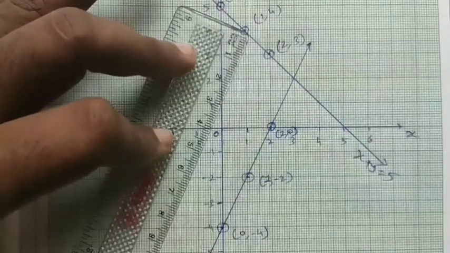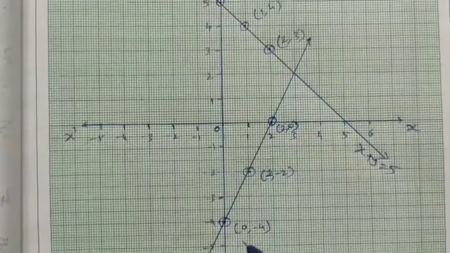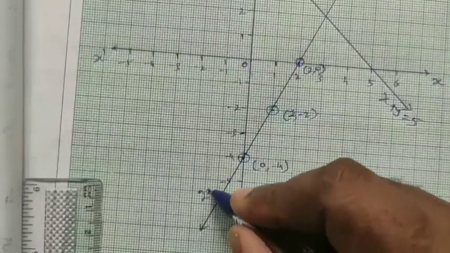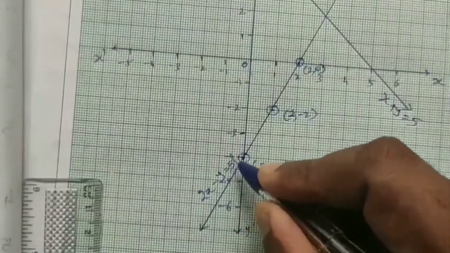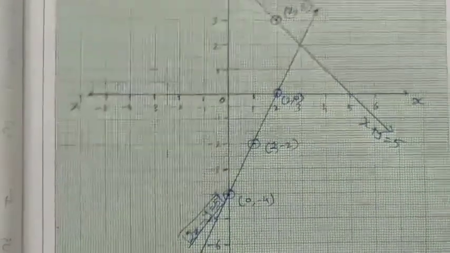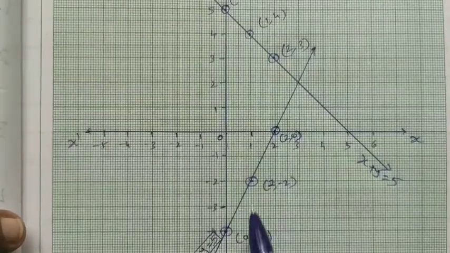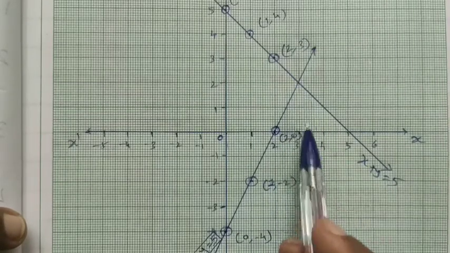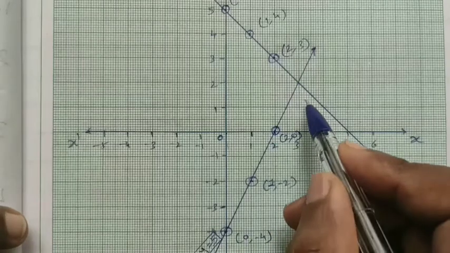We get a straight line like this, and the equation of this line is the second equation, that is 2x minus y is equal to 5.